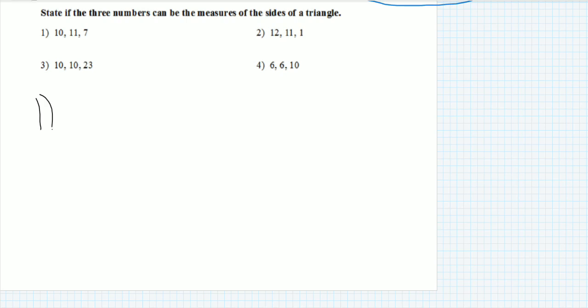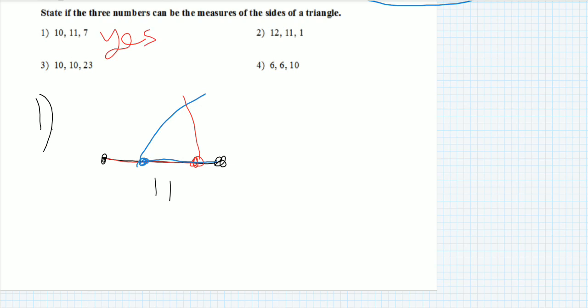All right, so for number 1: 10, 11, and 7. If I make 11 the base, 10 will go somewhere over here, and then 7 will go somewhere over there. It will intersect because if we extend out the circles, they'll meet somewhere there. So this is a yes: these 3 numbers can form a triangle.